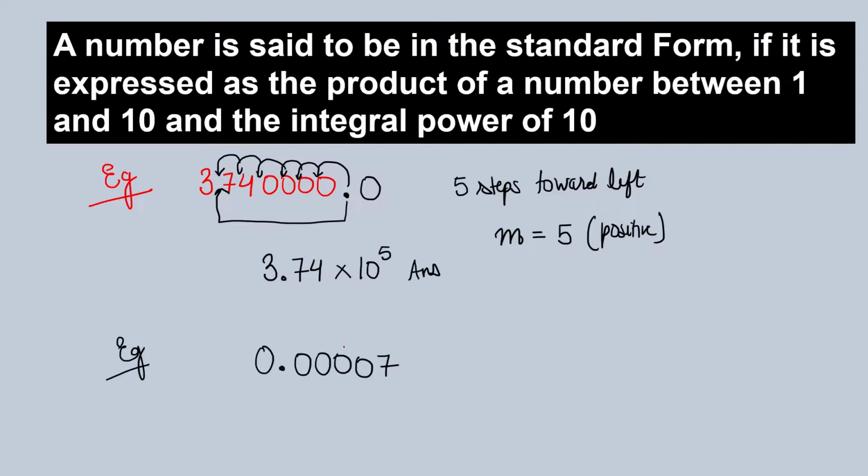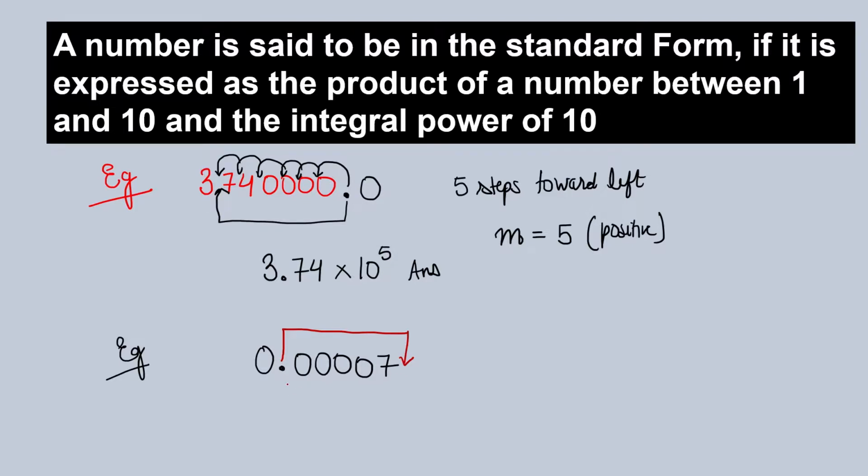Let's do one more example where the number is much smaller than 1. Number is already in decimal, but this is not lying between 1 and 10. So we will shift this decimal this time towards right. This decimal should be here after 7.